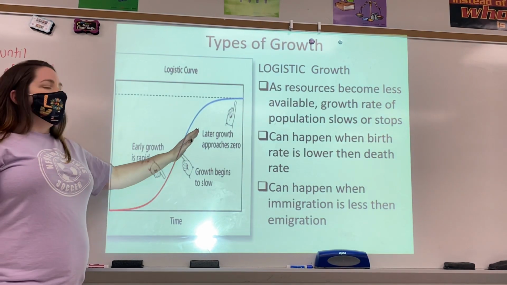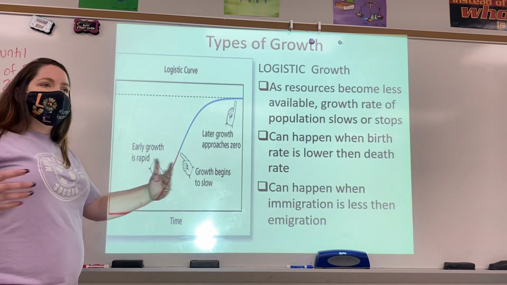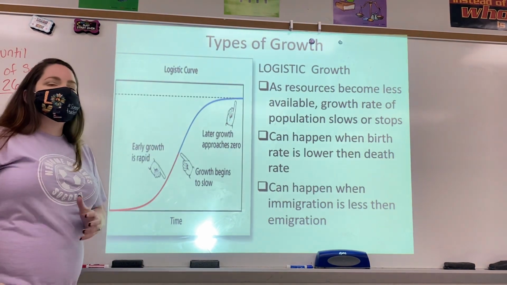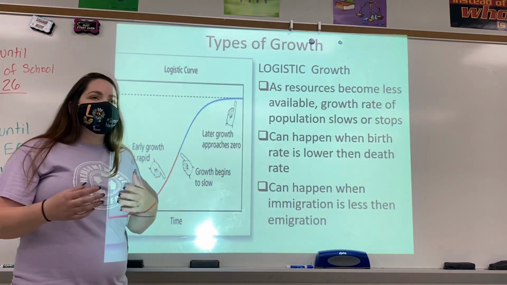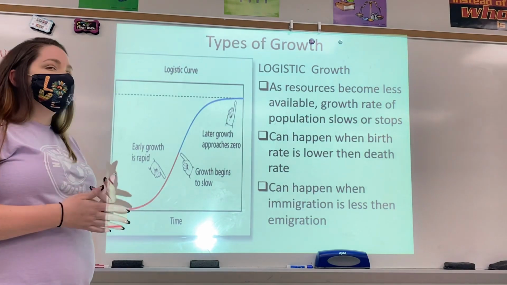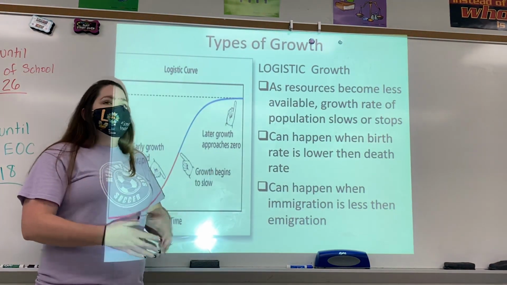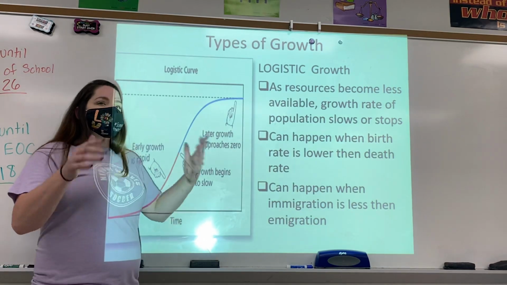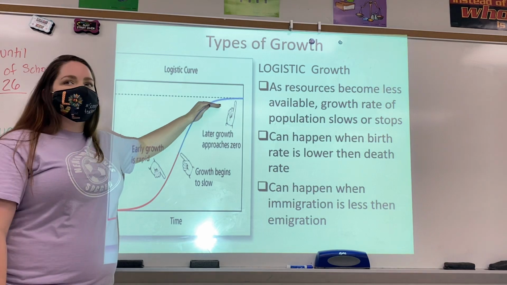And then your real world wild situation is going to feel the effects of different limiting factors on the environment. So you're going to have only a limited amount of food. You're going to have a limited amount of space. You're going to have predators around. So all of these things are going to start to decrease your growth.